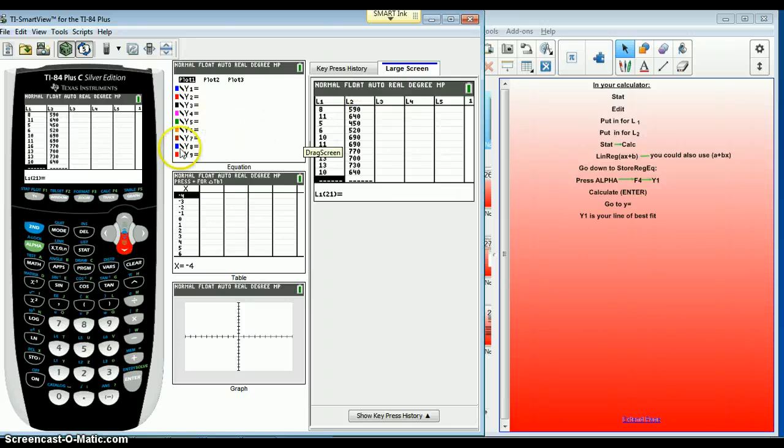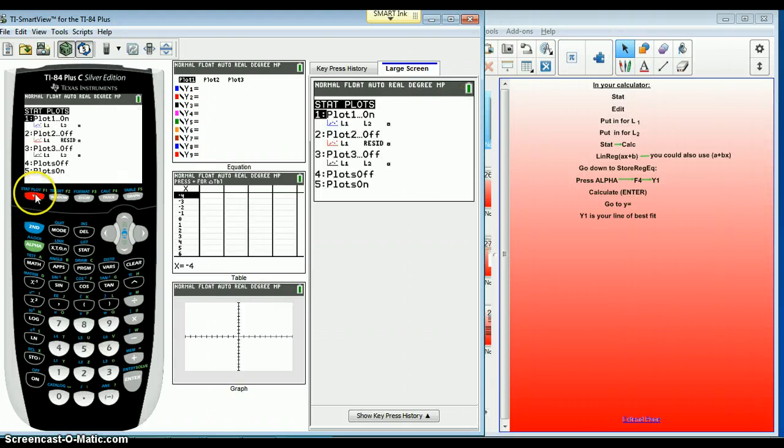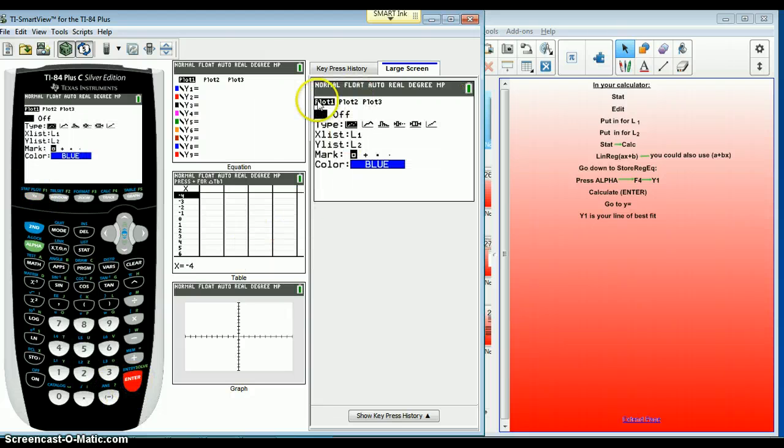So we need to figure out how to actually graph this on the calculator. The calculator can make a scatter plot. First, press second and then go to y equals where you see stat plot, and number 1. We want to make sure that our plot is turned on, so press enter on. We want to make sure that it's on a scatter plot, so press enter if it's not there.